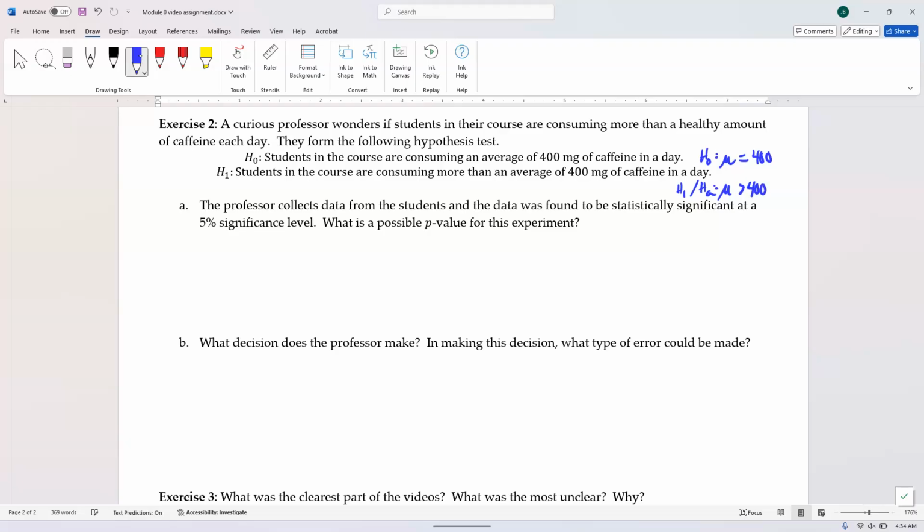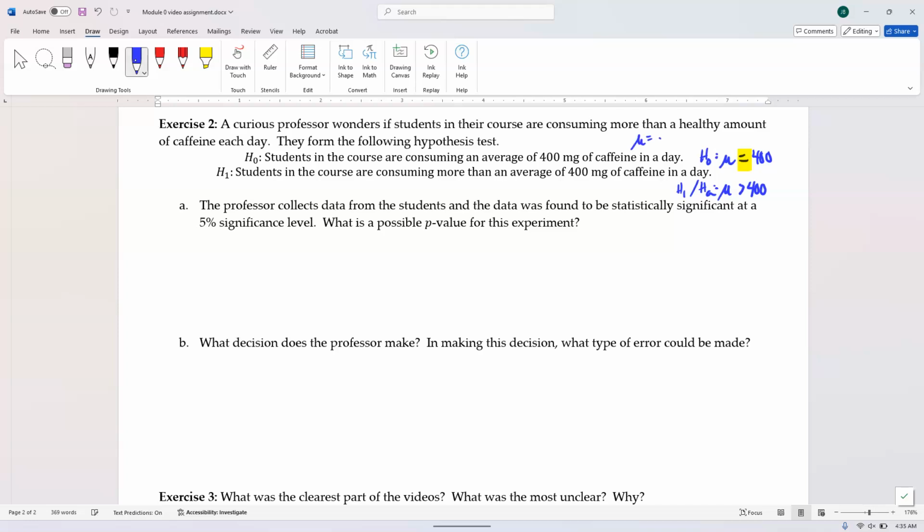Okay, couple notes on this. Null always has the equals sign in this course. Okay, there are different ways of doing it throughout history, I understand, but for this course our convention is that the null always has the equals. And the other thing that I have not done is define what mu is in words.